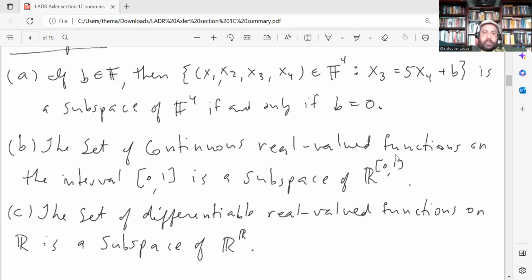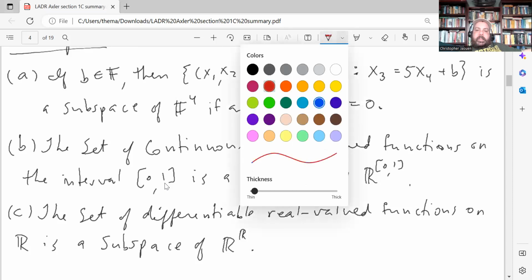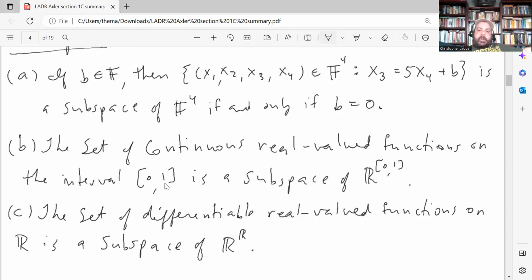Sorry, I'm not saying this great. Let me parse this a little bit better. We want to show that this set of continuous real valued functions on the compact interval from 0 to 1 is a subspace of this space.